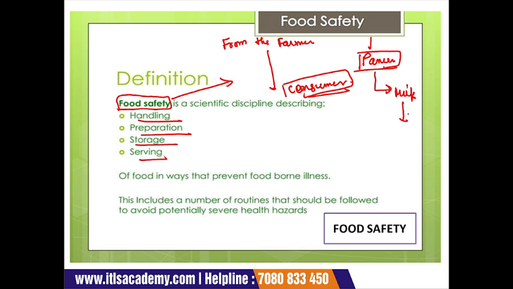Milk comes from industries. How do industries get milk? They get it from the cow, from the milkman, or you can say the milkman. So we have to ensure that this milkman serves us safe milk. Okay.